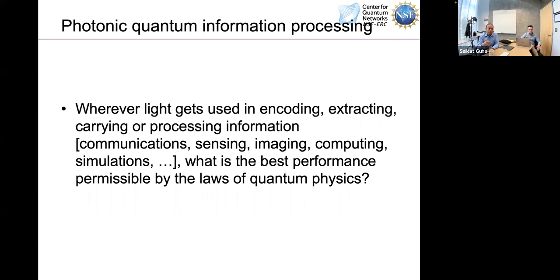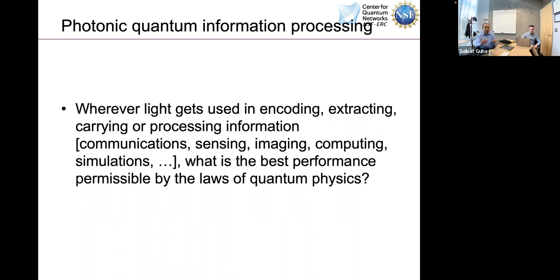Or what is the minimum mean squared error of sensing, say, a little perturbation on your reflected laser light from a rough surface, where you are trying to make a very fine measurement of a surface using an atomic force microscope.